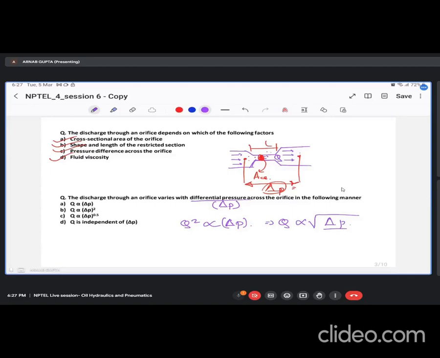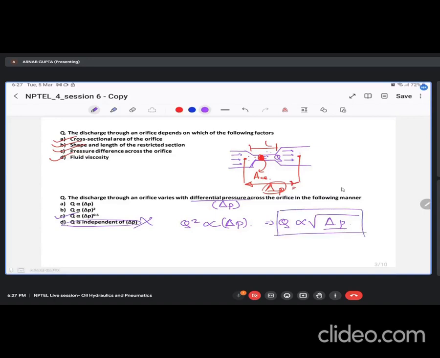Okay, so yeah, this option is correct. It is not independent of delta P. It is dependent on delta P. It is dependent by following this relationship.